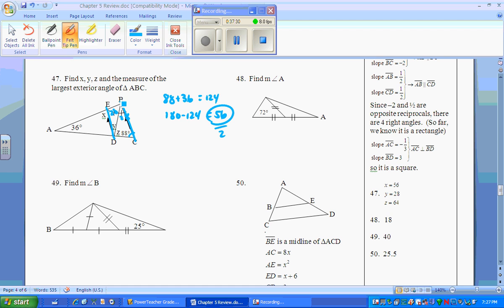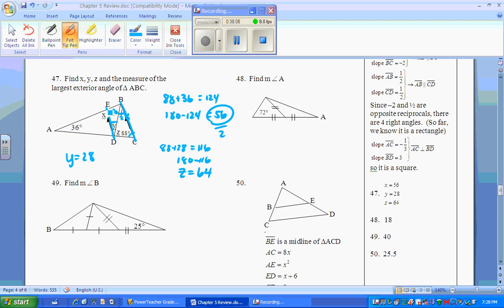So if this is the transversal from the parallel lines, the measure of angle Y is 28, because it's alternate interior to the 28 up here. We know Z now, because 88 plus 28 is 116. Subtract that from 180, giving you Z is equal to 64.